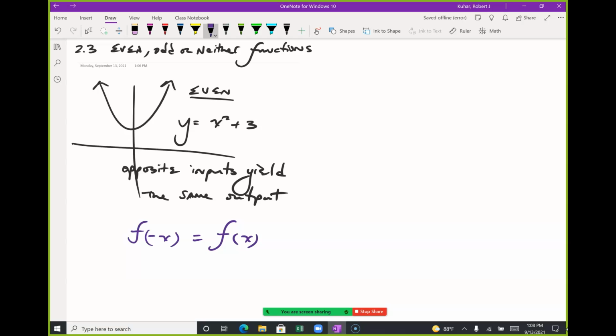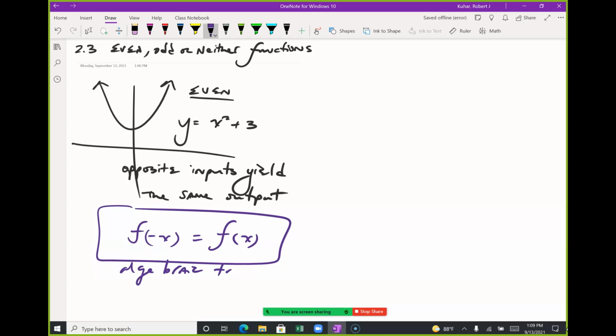So notice here my inputs are opposite, but the outputs, the function values, are still equal. So opposite inputs give me the same output. And this is our algebraic test. I'm going to put in opposite x's and simplify and see if I get the same result. If I do, I have an even function.